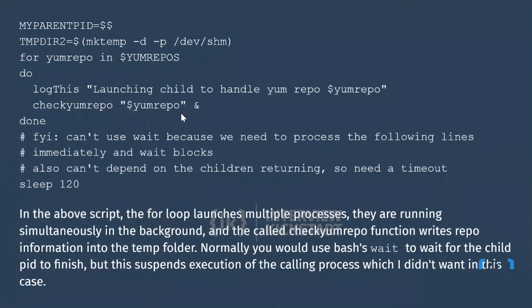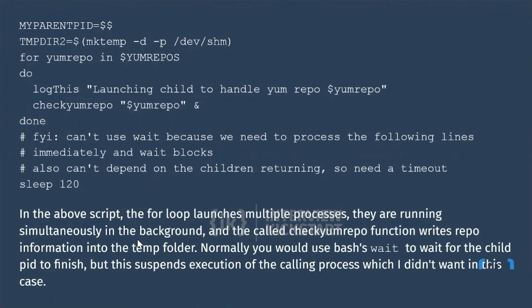So for this particular script, the purpose was that I wanted to run a function called check_yum_repo, which you don't see here, but that's the function I needed to run. I wanted to run it on a bunch of different repos simultaneously. check_yum_repo would do a kind of check on each repo.